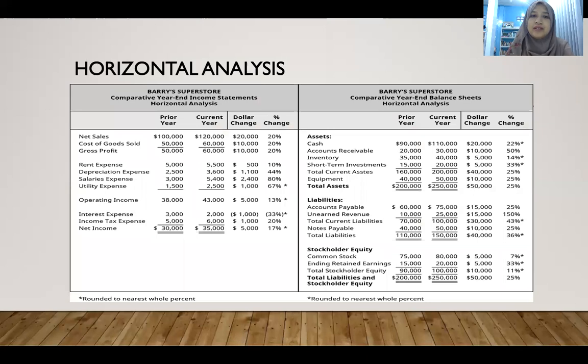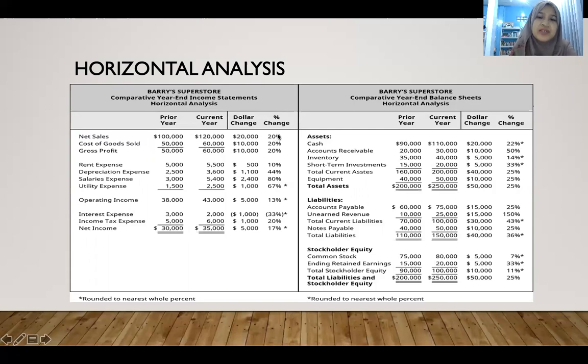Let's see in this example for this company. It provides a horizontal analysis for 2 years, so the base year and the current year. The dollar change is simply the current year minus the base year, or the prior year in this context. It could be more than 2 years.